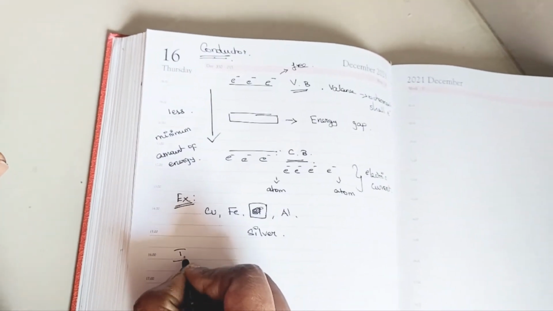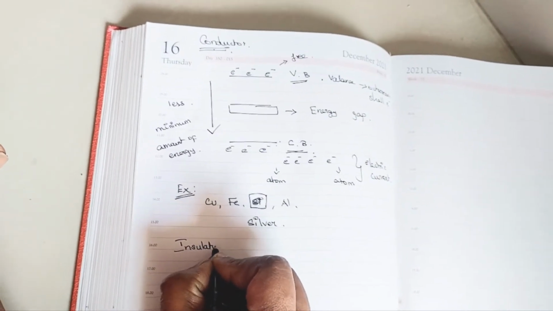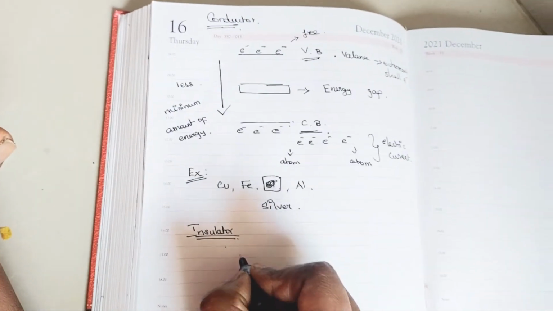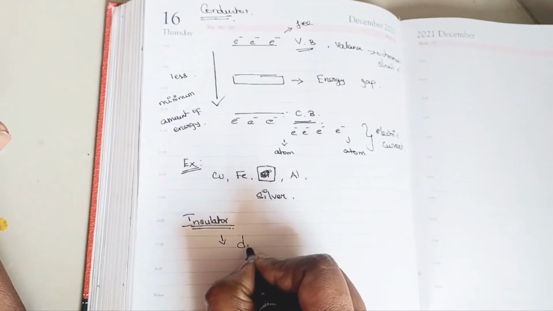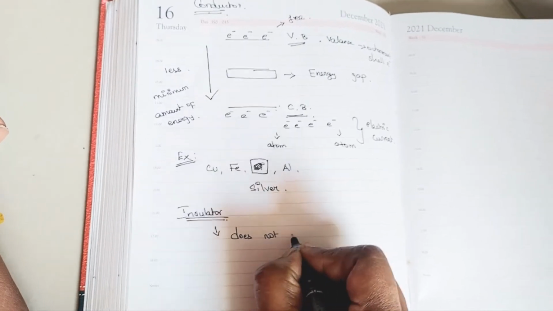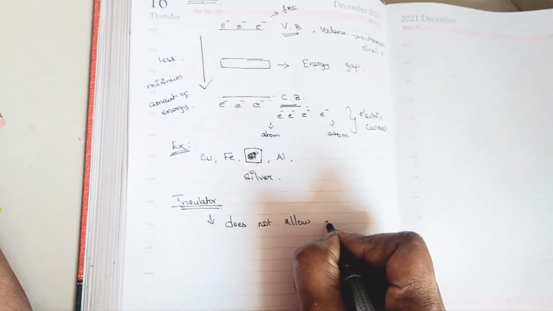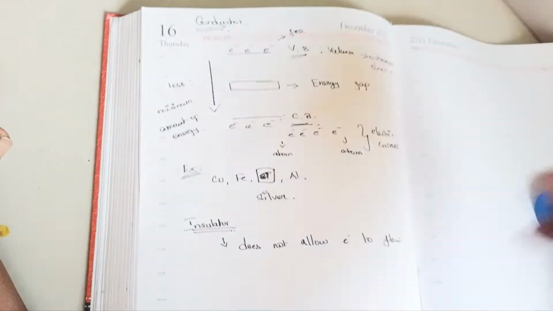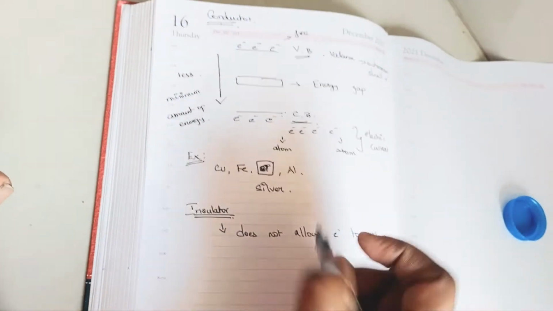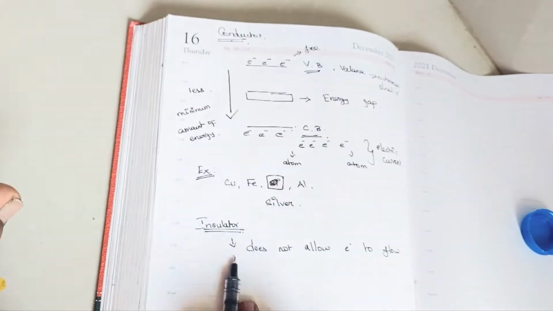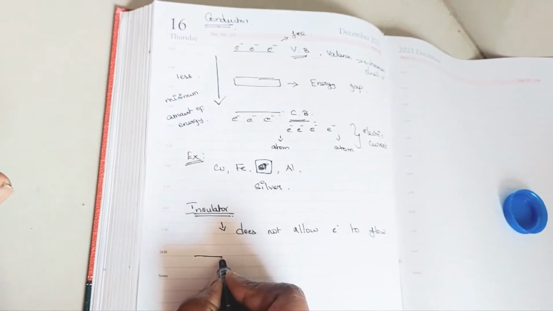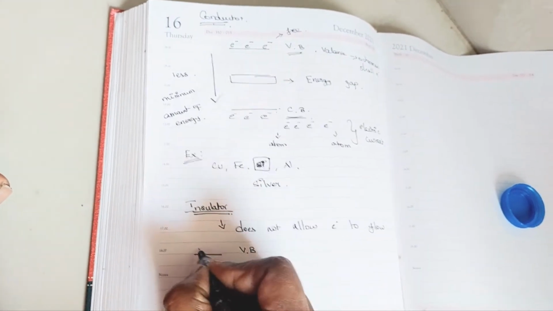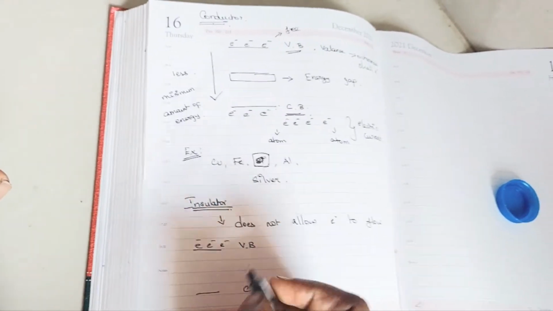The next one, the opposite of a conductor, is the insulator. What is an insulator? This material does not allow electrons to flow, so it is called an insulator. That means if it allows flow, it is a conductor; if it does not allow flow, it is an insulator. That's all. Let us consider the valence band and the conduction band. The electrons are in the valence band.